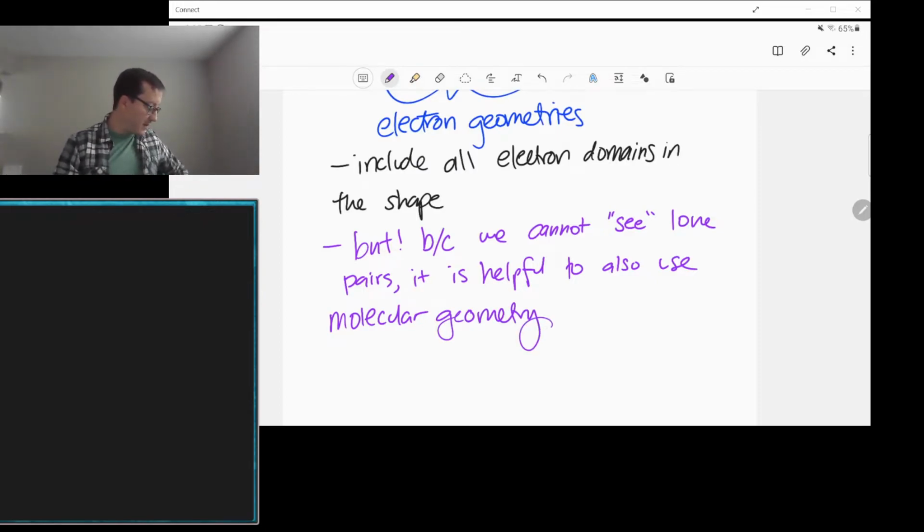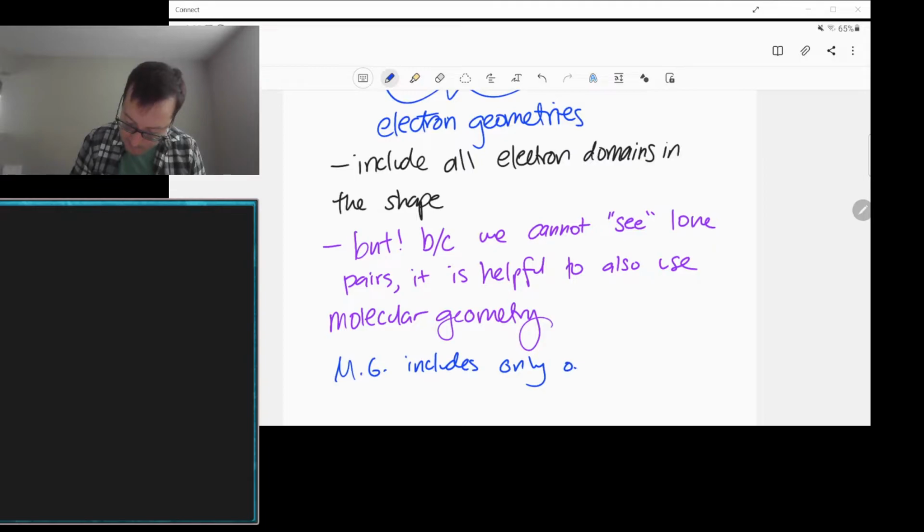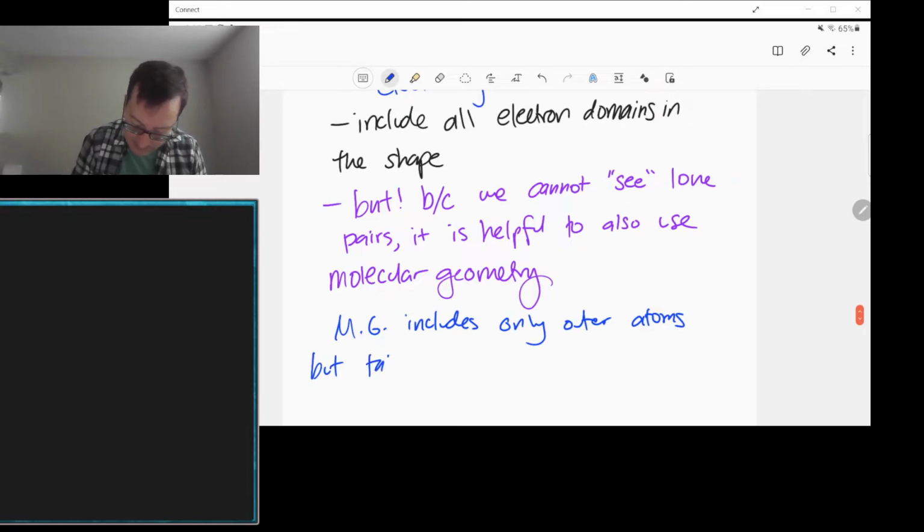We're going to see that the shapes of these things are actually going to be different when we have lone pairs on our atoms. And the reason that it's necessary, even though we can't see lone pairs, is that molecular geometry kind of includes only outer atoms, but takes into account the repulsion generated by the lone pair.